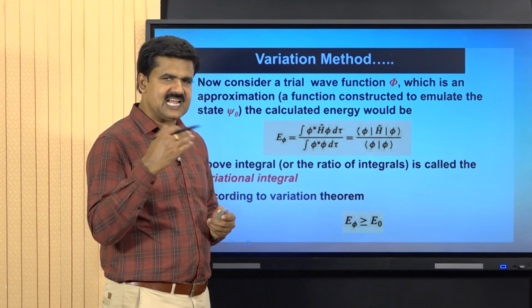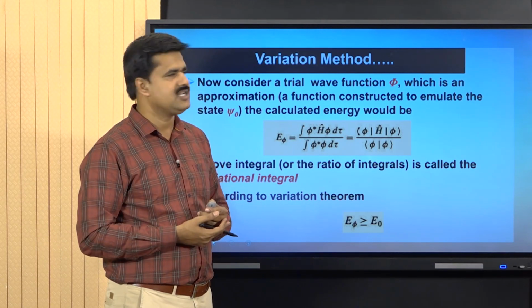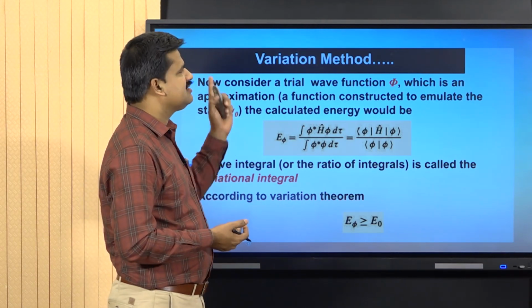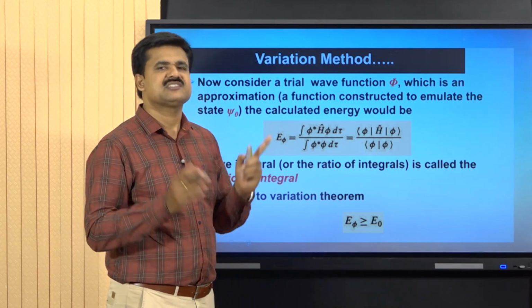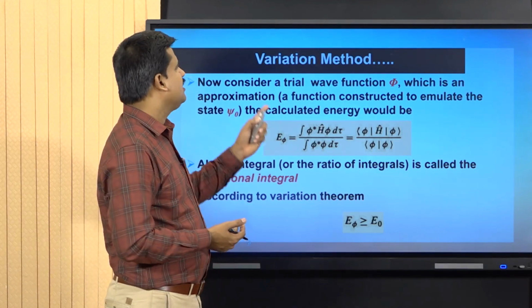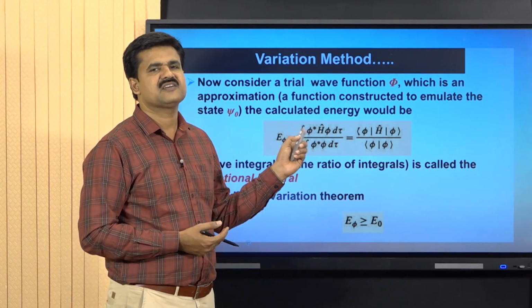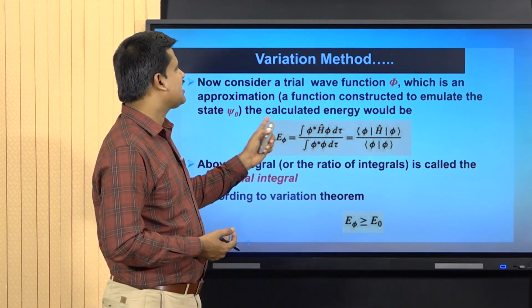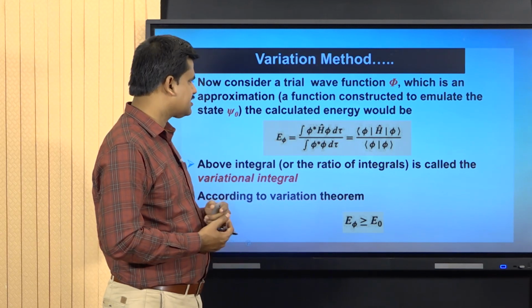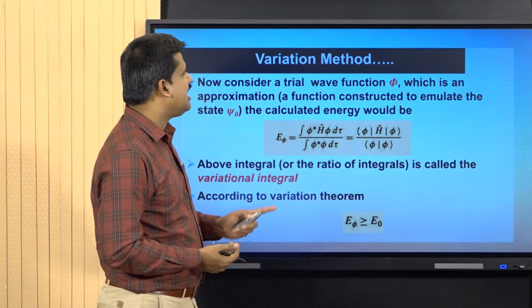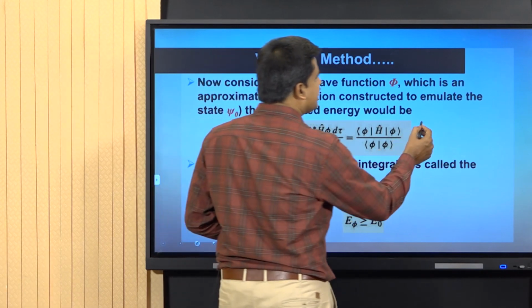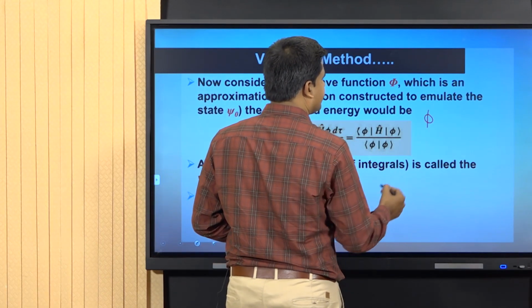Let phi be a trial wave function, an arbitrary wave function, and the trial wave function is always an approximation, a function constructed to emulate psi0, the wave function of the ground state. The calculated energy would be like this. That is, the approximate wave function is phi.